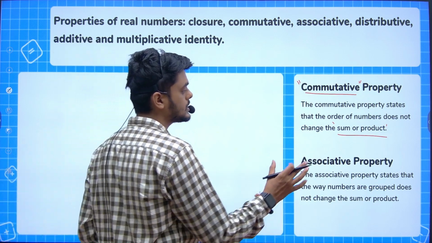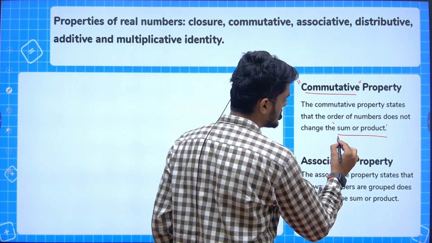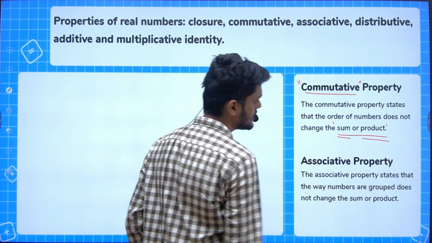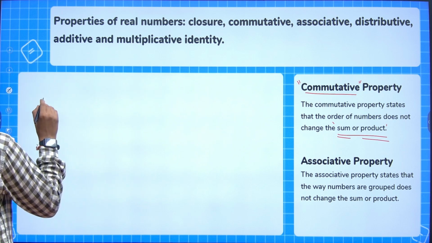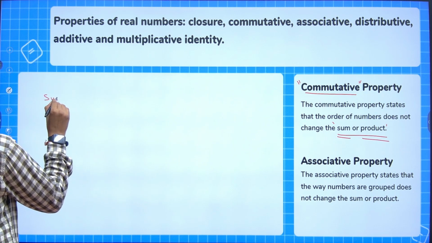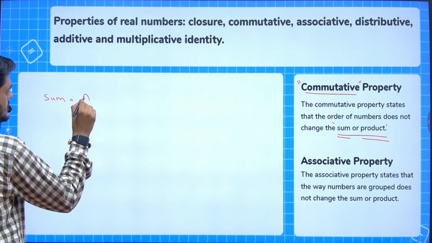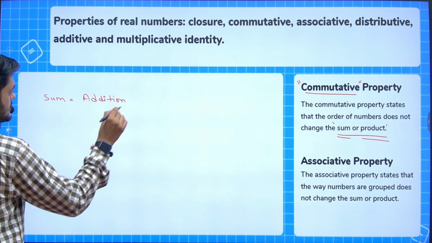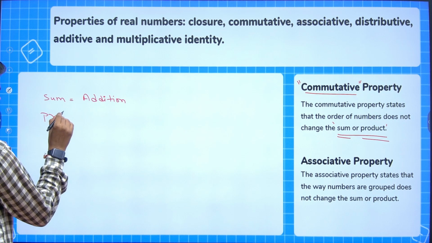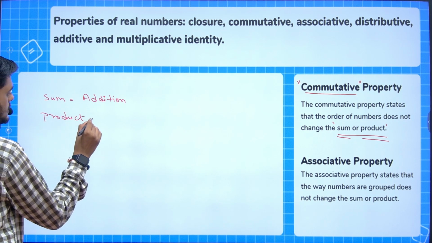Here the operation is already defined as the sum or the product. Sum basically means addition. Product means multiplication.